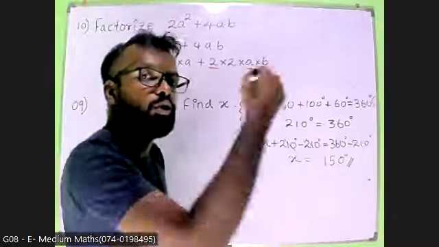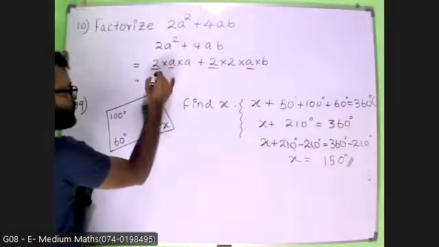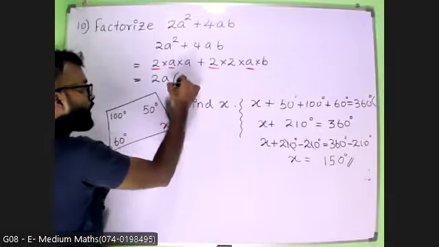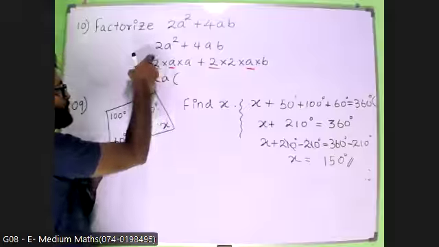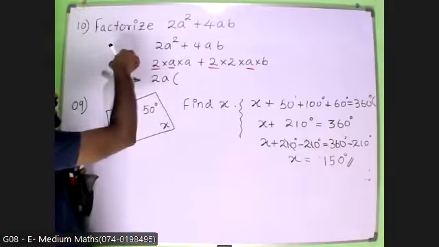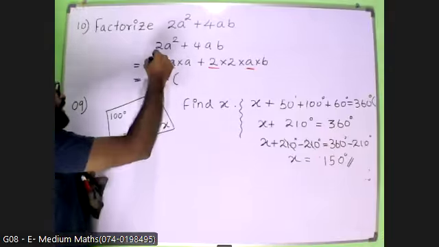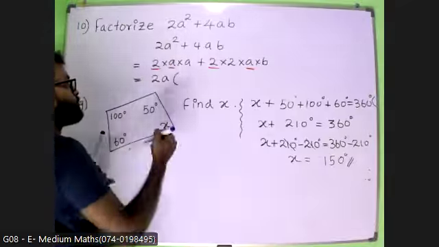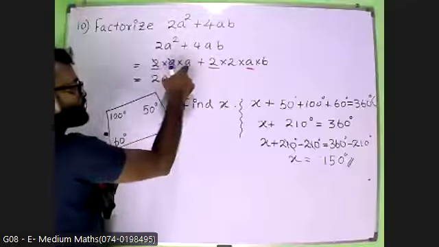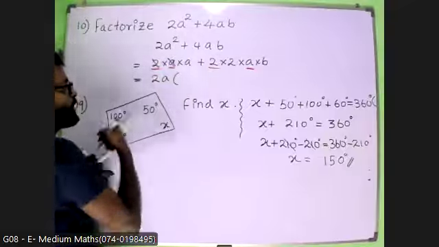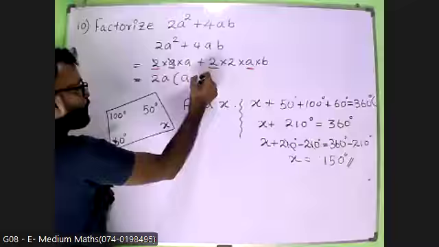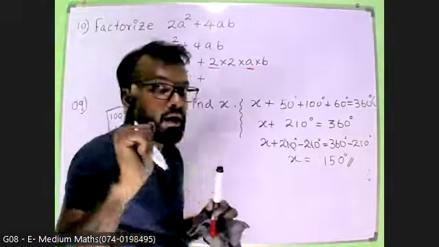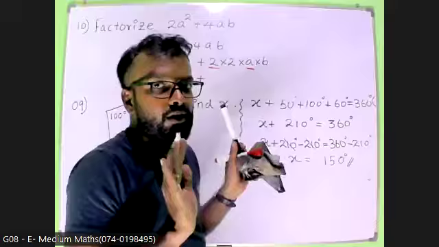So I will take 2a out. This is my common term, 2a. I will put a bracket. If I take this 2 and this a out from here, basically I can forget them, so I will cut them. So what is the remaining term? The remaining term is a plus 2b.